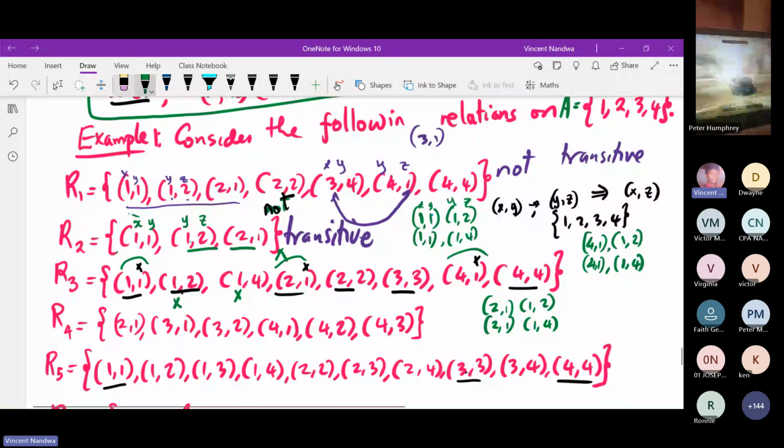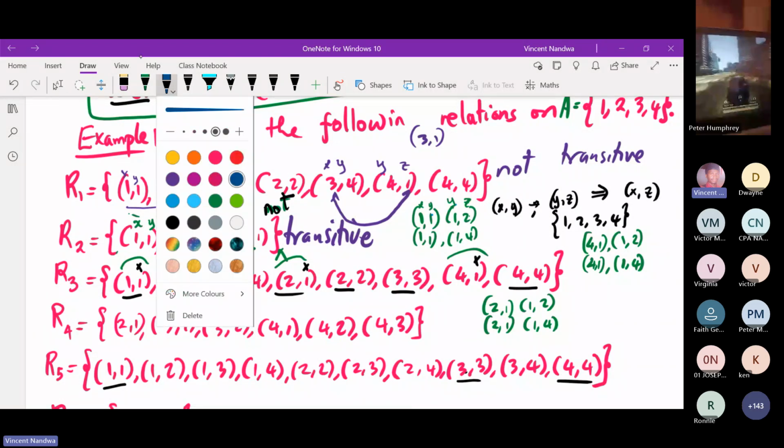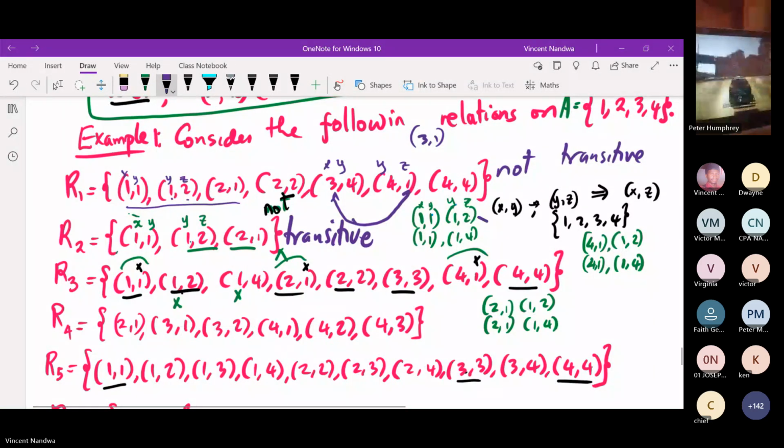Let's see whether all these possibilities for element 1 satisfy the conditions for transitivity. When I have 1, 1 and 1, 2 as my 2 pairs, which element am I expected to have in the same relation? 1, 2. This first element and the second element. Is 1, 2 in this R3?